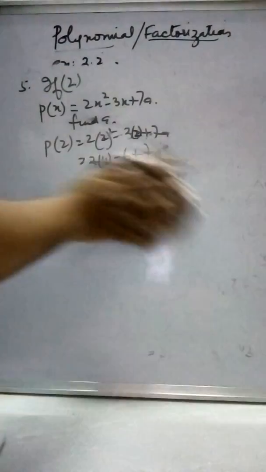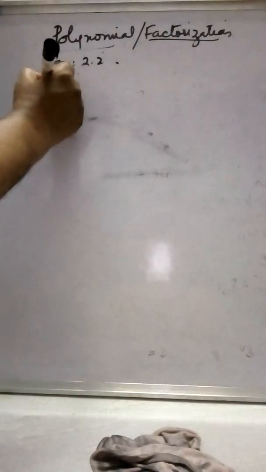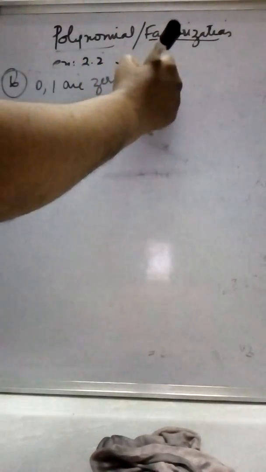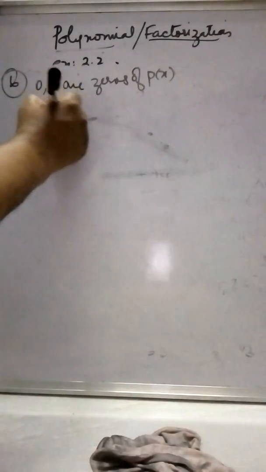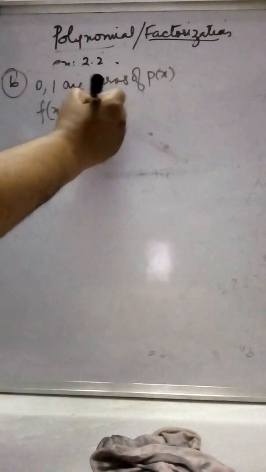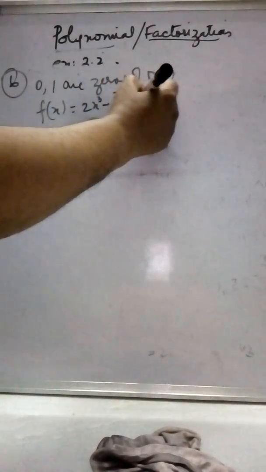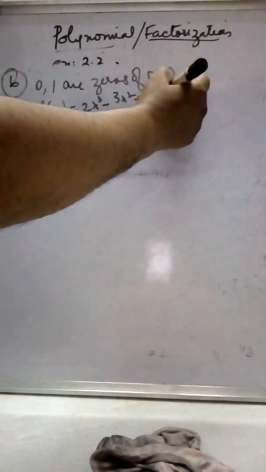Now the sixth problem is given as: if 0 and 1 are the zeros of the polynomial, find the value of a and b. 0 and 1 are zeros of p of x, and f of x is given as 2x cube minus 3x square plus ax plus b.